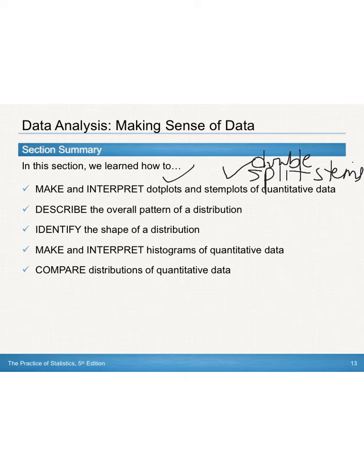We're going to talk a lot more about describing the overall pattern of the distribution. That's a very, very important thing, so we'll spend a lot of time on that in class. Identifying the shape is going to be our focus here, and then we'll continue to talk more about center and outliers on Friday, and then we'll do some work with spread when we get back on Tuesday.